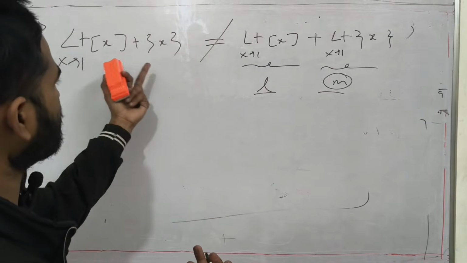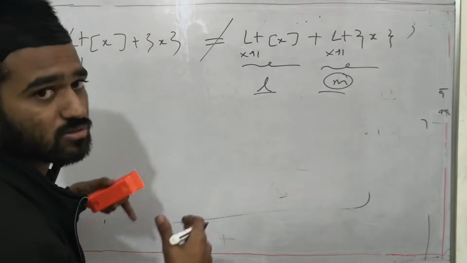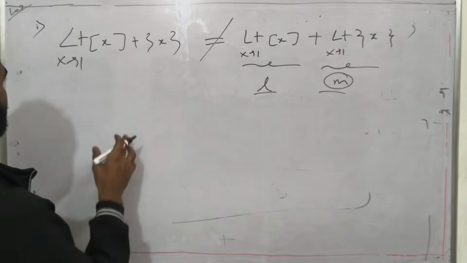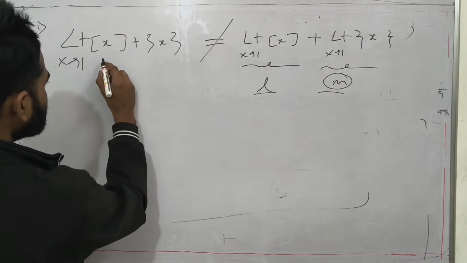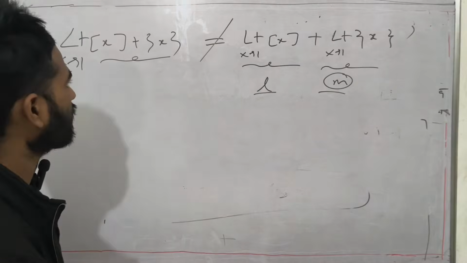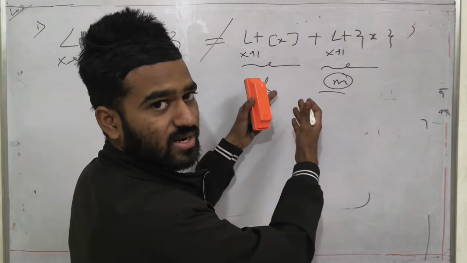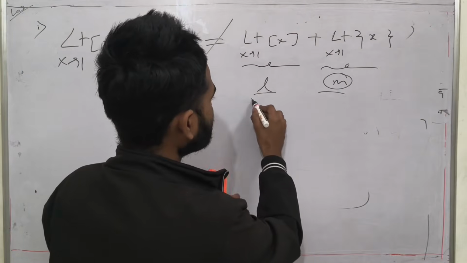So how are we getting this to exist? Here, if you observe in brief, we assumed this as a single function h of x. Here we are finding the left hand limit and right hand limit and giving some value.